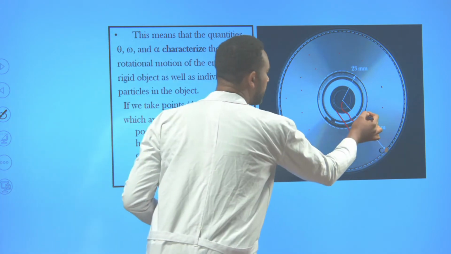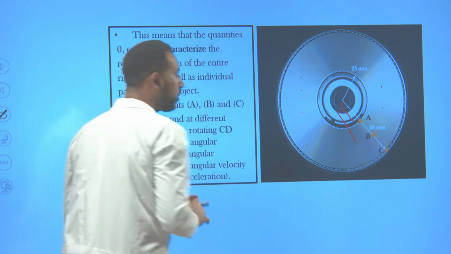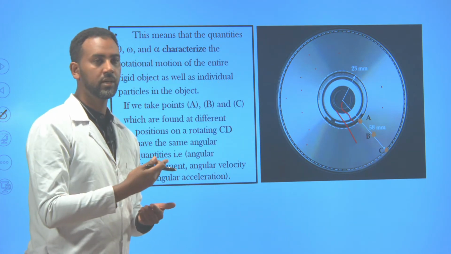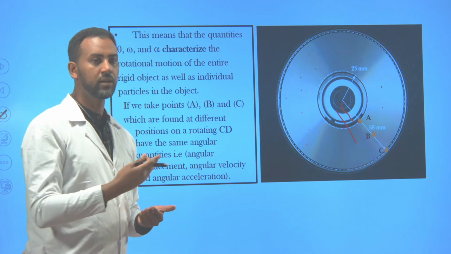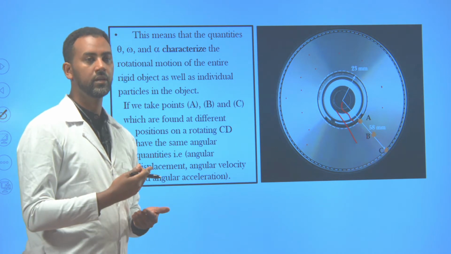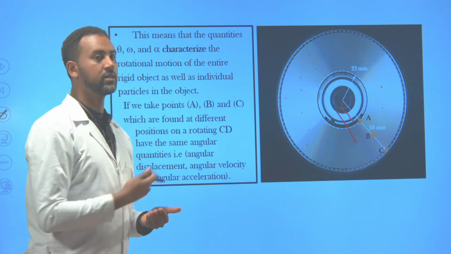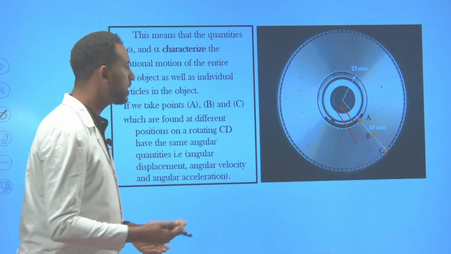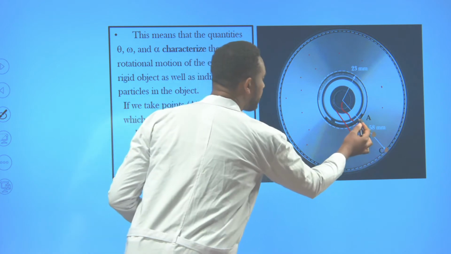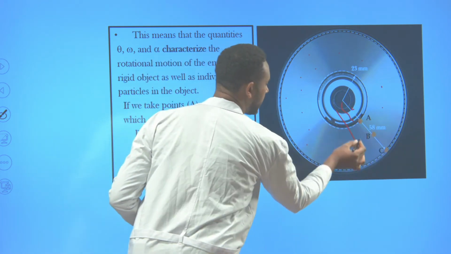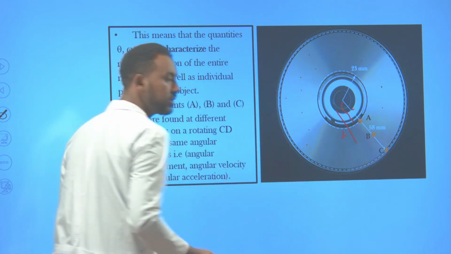Points A, B, and C all have the same angular velocity as the disk rotates. If the angular velocity is 10 rad per second, all of the particles have 10 rad per second. After 2 seconds, if it is 20 rad per second, all of the particles have 20 rad per second. But these points are found at different locations, which means the radii are completely different.